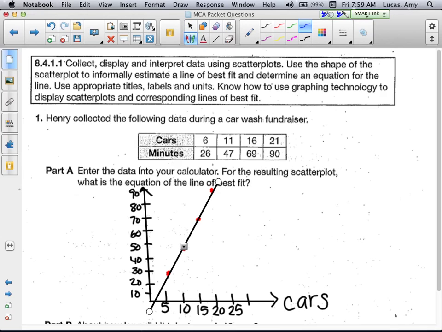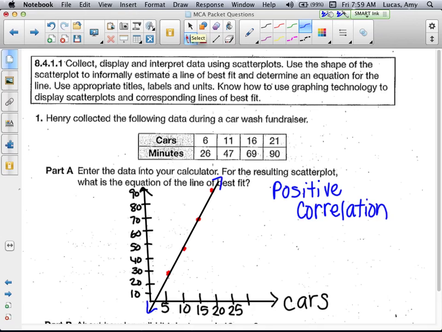Okay, so my line of best fit goes through my data. You can tell that it's a positive correlation because it's going uphill.